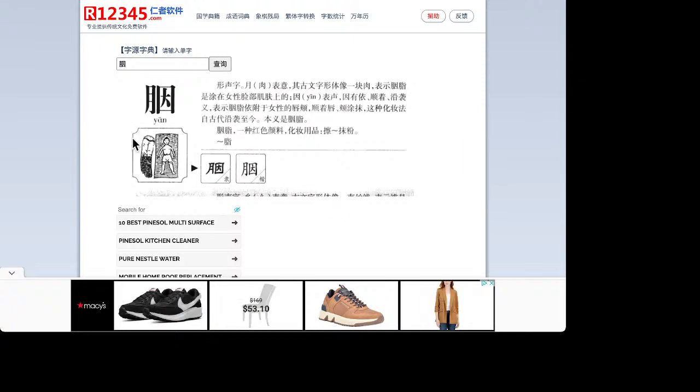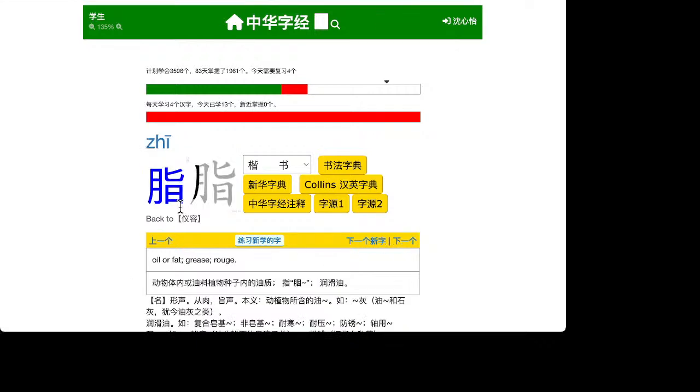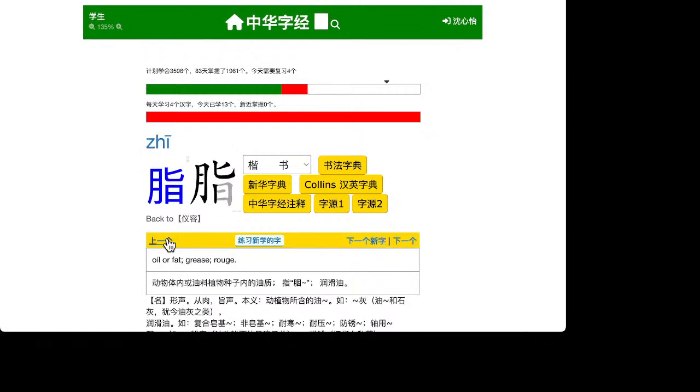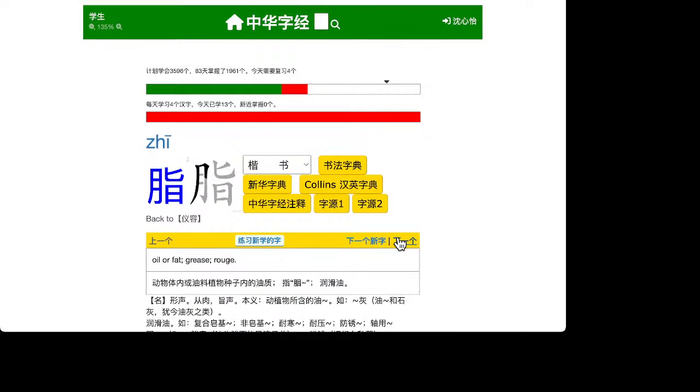On the left is a meat. Anyhow, yin, this character refers to in yin zhi, when you put it together, like a cream blush, a rouge, cochineal. The stuff that you rub onto your cheeks to make them red is called yin zhi.